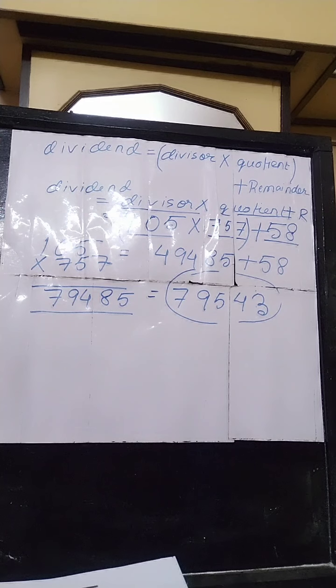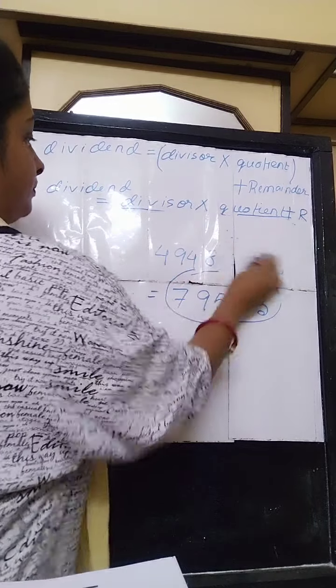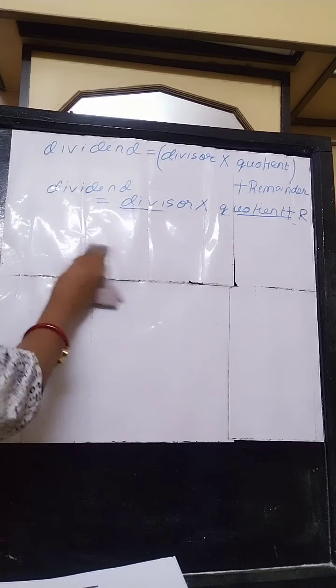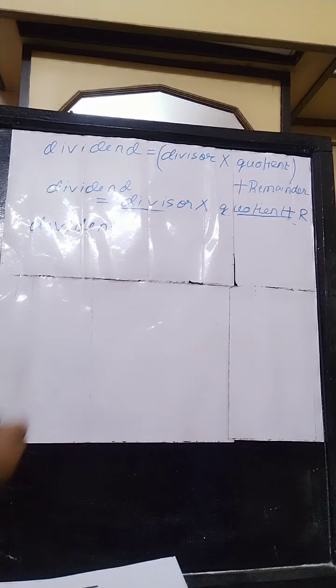Very quickly, let's move on to the third sum, where dividend, quotient and remainder are given to you, and you are asked to find out the divisor. So we all know that dividend here is given as 87963.